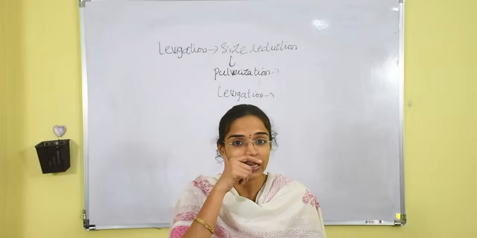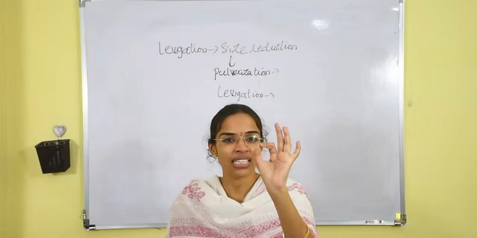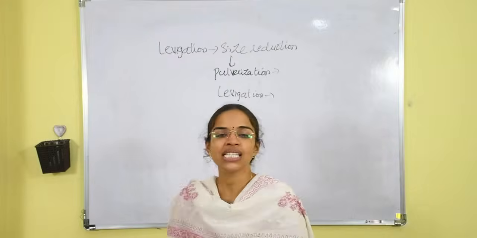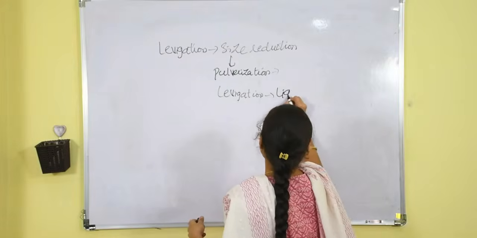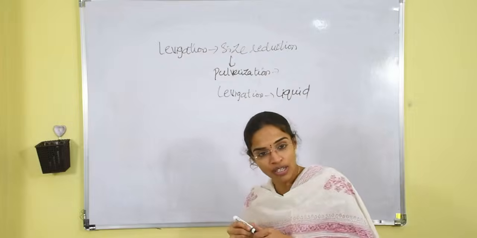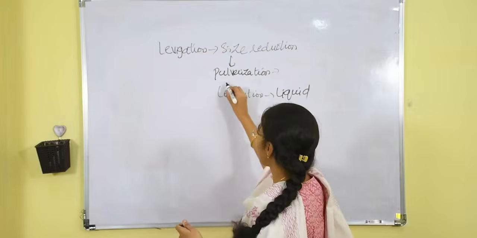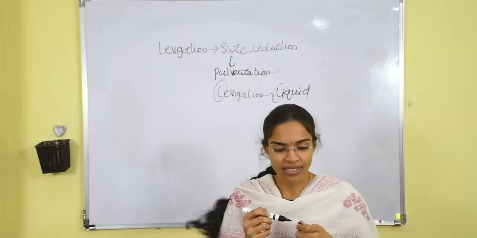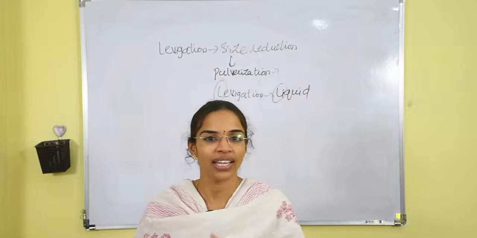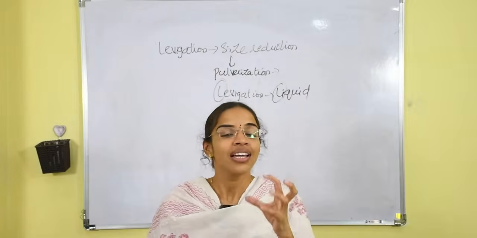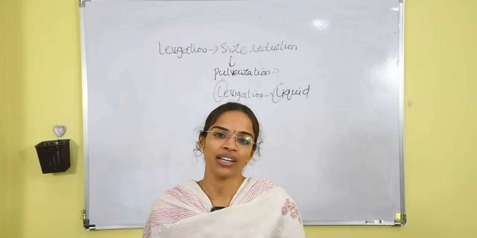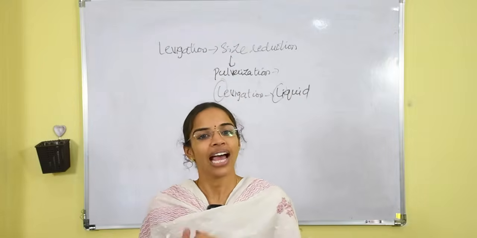Okay, in levigation also you are reducing the size of a particle, but with the help of a liquid. So liquids are used for levigation. In pulverization there is no liquid. Here you are taking the help of a liquid to reduce the particle size and mix.